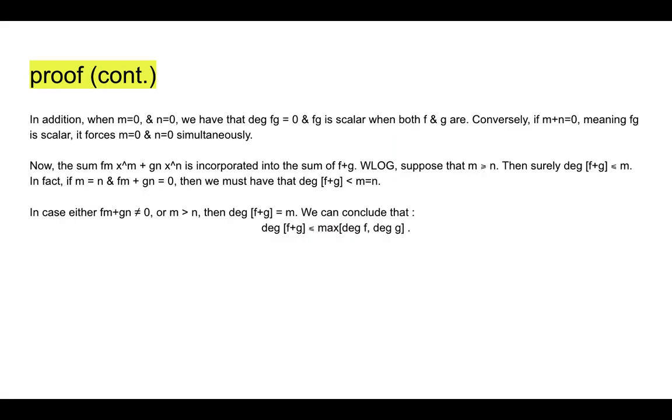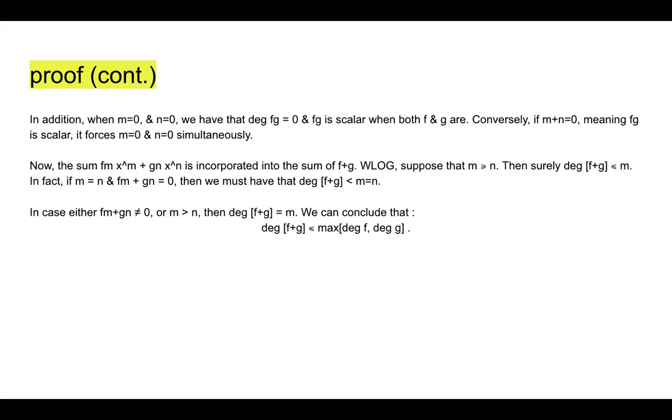In addition, when m equals 0 and n equals 0, we have the degree of fg equals 0, and fg is scalar when both f and g are. This is because the degree of fg was shown to be the sum of the degrees of f and g.